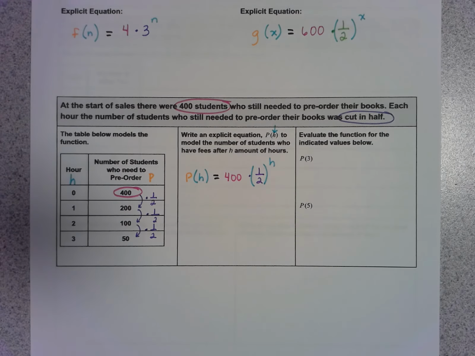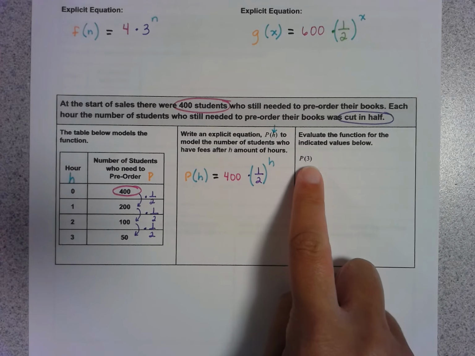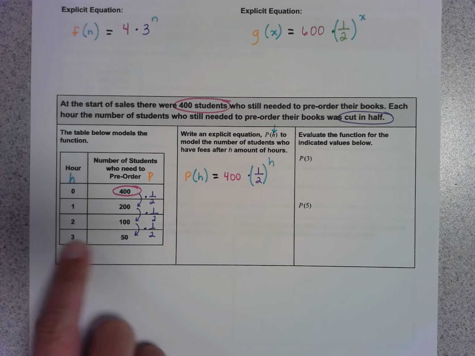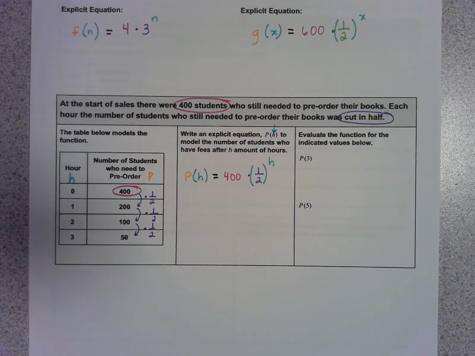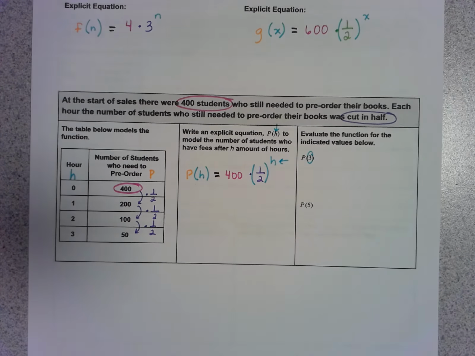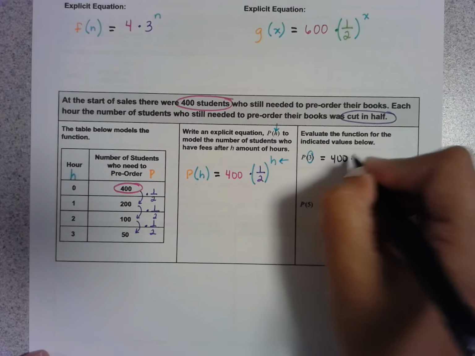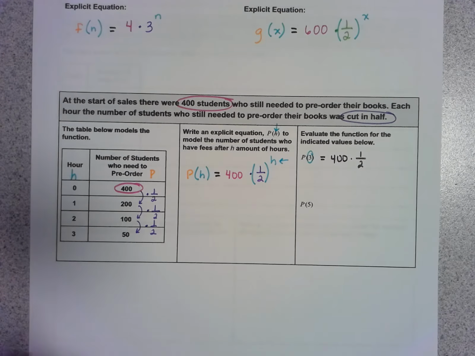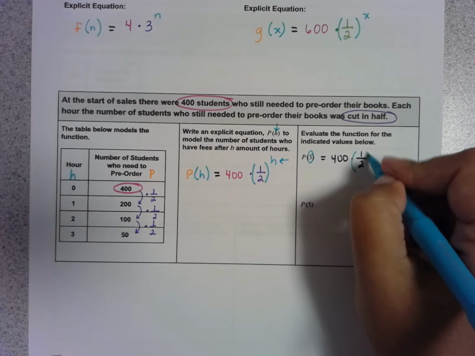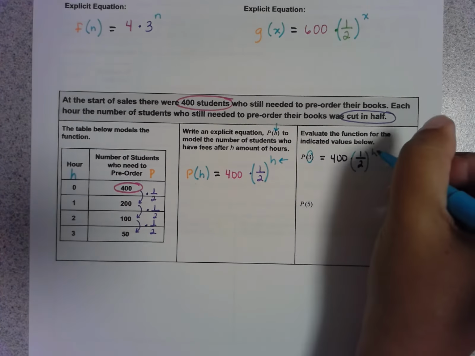I can check this equation by substituting some values. So it says here P of 3, which is a value that I know, and I want the answer to be 50. I can check my equation by taking the number 3 and plugging it in instead of the h, which means I'm going to have 400 times 1/2 to the third power.